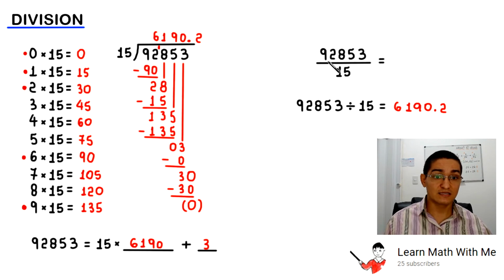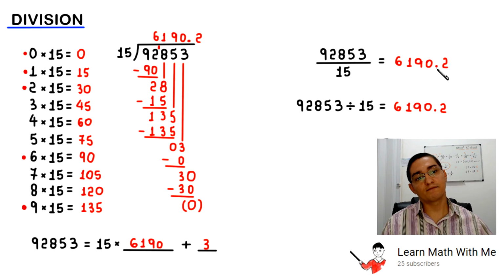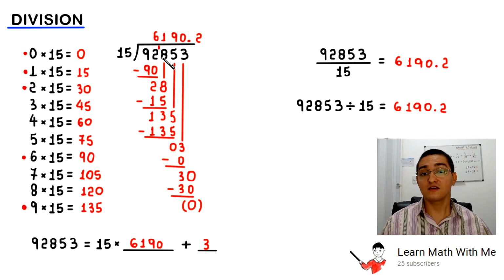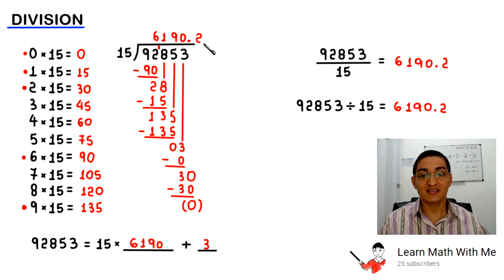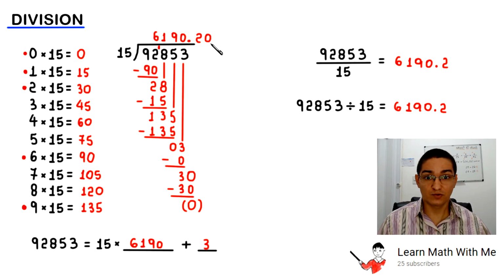That way, writing 92,853 over 15, we are representing the exact quotient, which is 6,190.2. For instance, if you want to divide $92,853 equally among 15 people, each one of them will receive $6,190.20, because you can write a 0 at the end of a decimal number and that does not change its value.